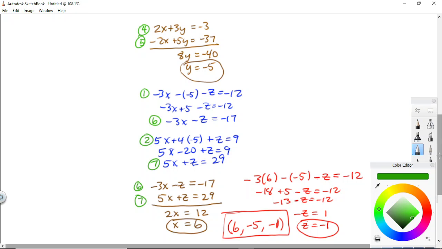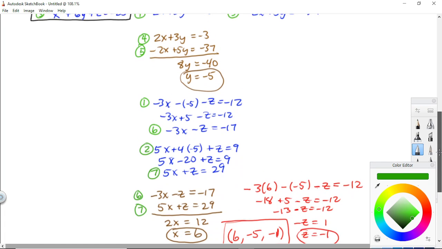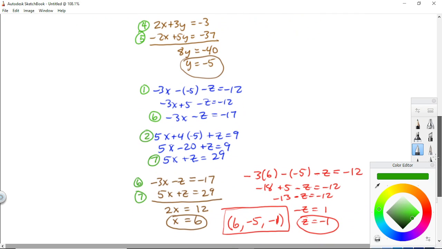So we're almost there to get the ordered triple. We have our y and our x. Okay, we got y and then we got x. The last thing we do is over here. We just need z, and now we can use any equation that has z in it because we know x and y both, right?